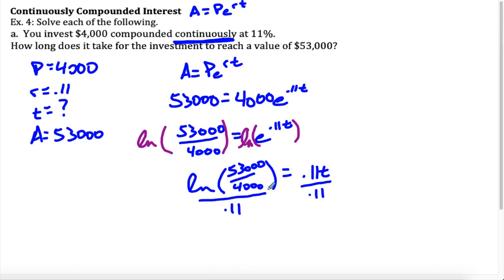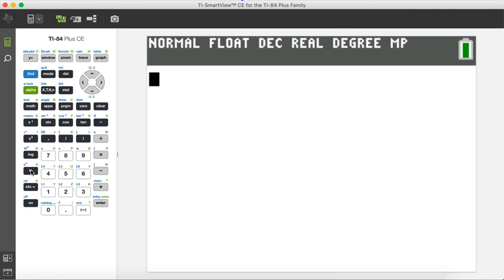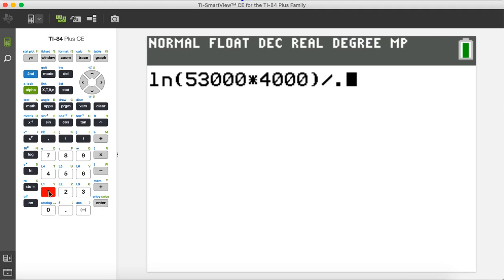And now this I can put into the calculator. Right? So I can say natural log of 53,000 divided by 4,000, close the parenthesis, and divided by 0.11.